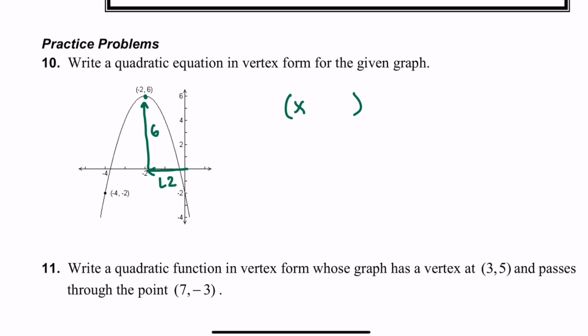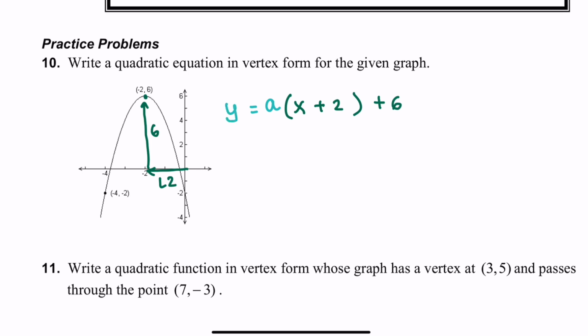That's a -2, but in the parentheses it does the opposite of what you think it's going to do, which is going to be a +2. And then it also went up 6, so we have a +6. Now there's going to be an a value. I'm not sure what that a value is, so I'm going to put an a there. And then that's going to equal my y value. I'm going to put a y here.